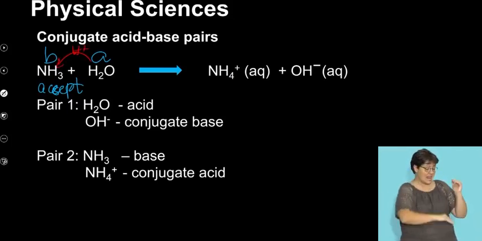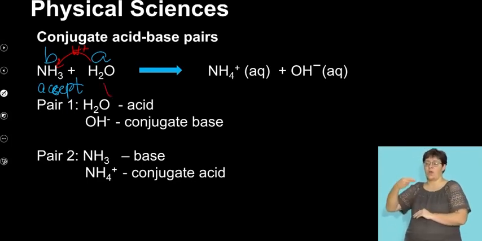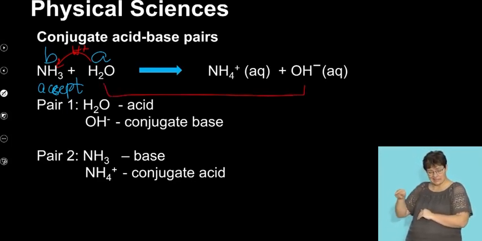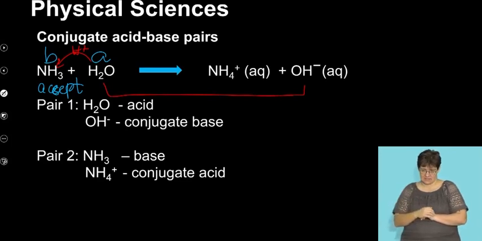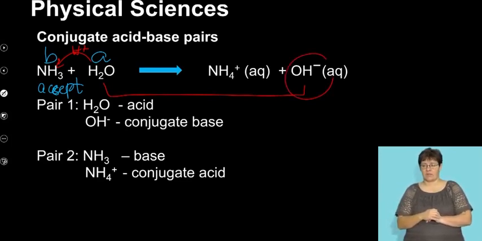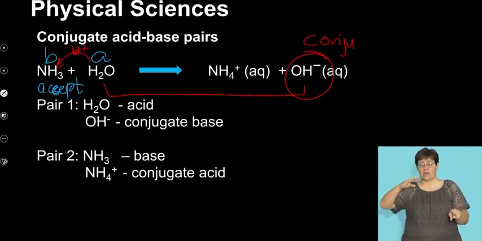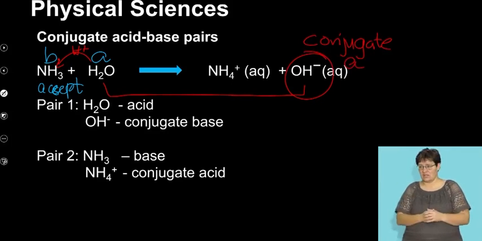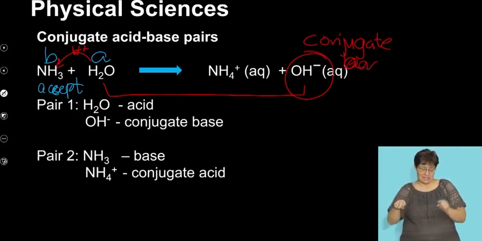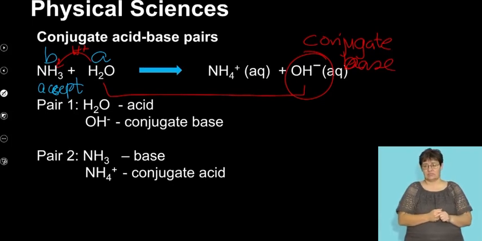So when water donates the proton in the forward reaction, it becomes OH minus, which is my hydroxide ion, meaning that if water was an acid, this is the conjugate base of that acid. And what will happen now?